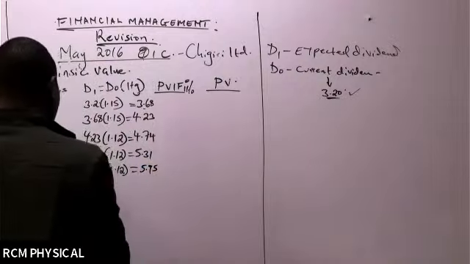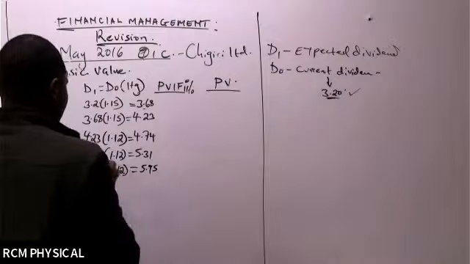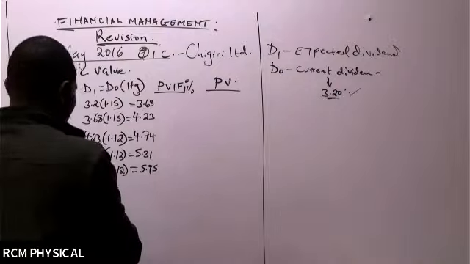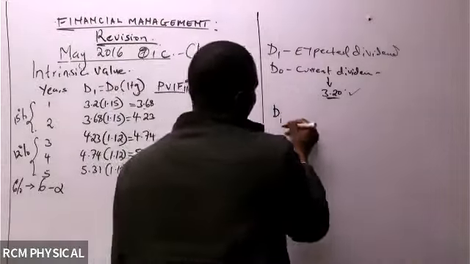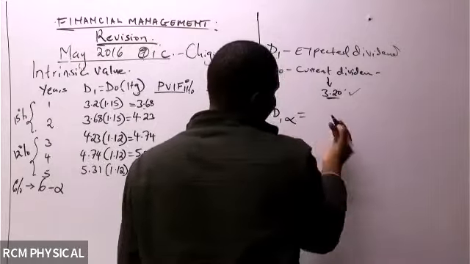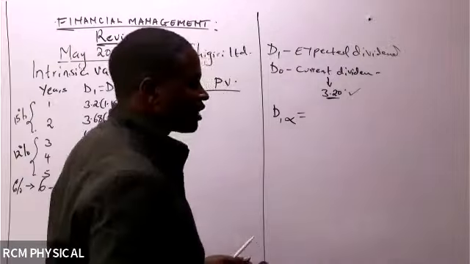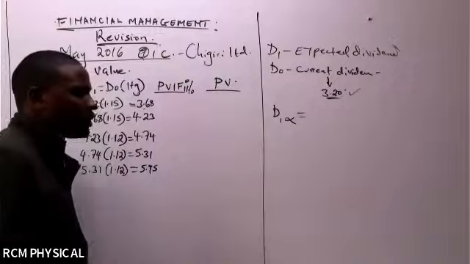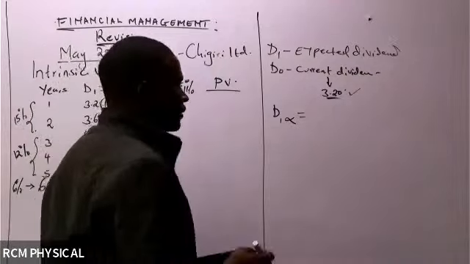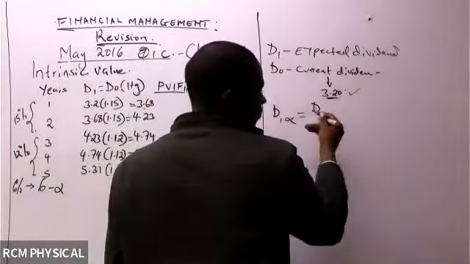Who can remind me how we get the D1 for infinite? There's a nice formula that we apply to get the D naught and D1 for infinite. I hope you remember. We look at the previous year.